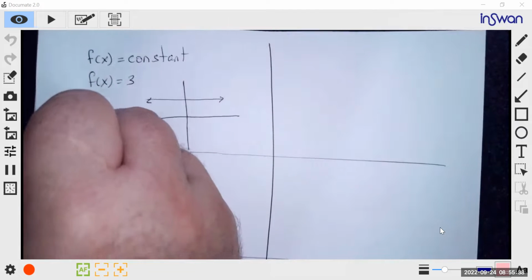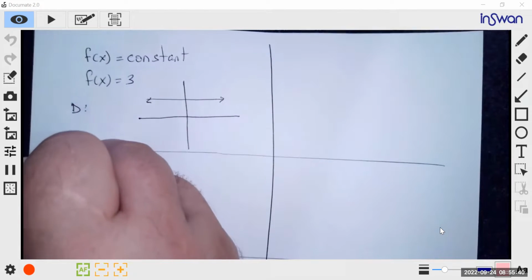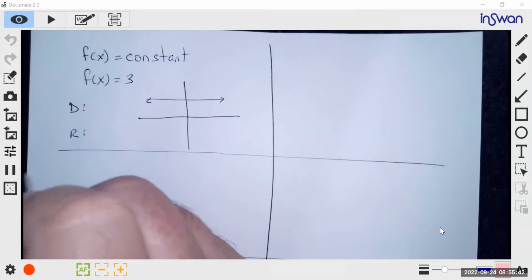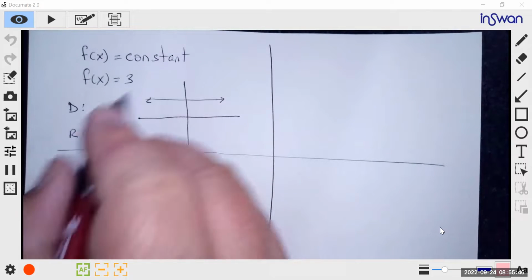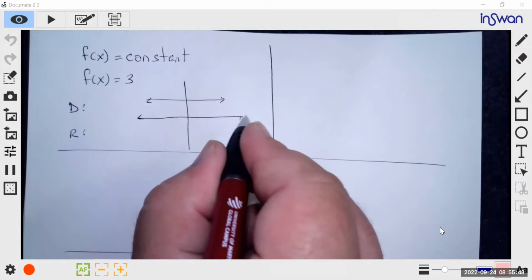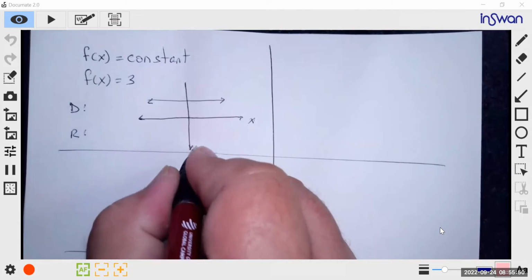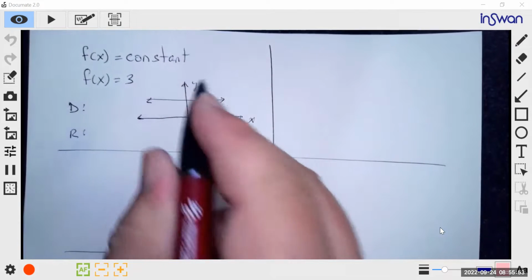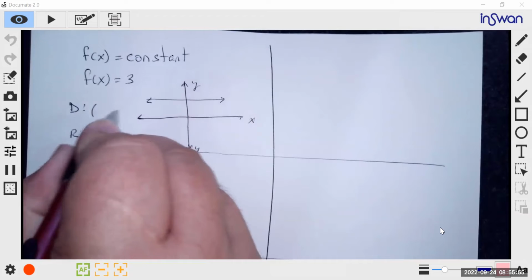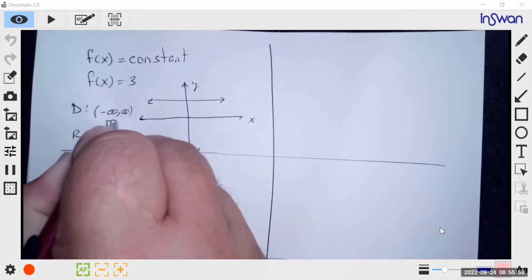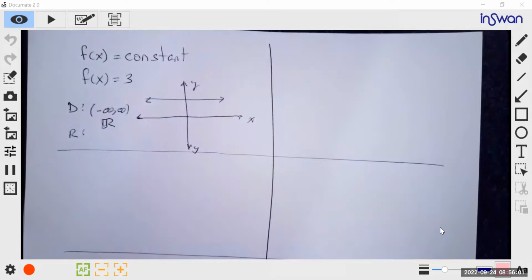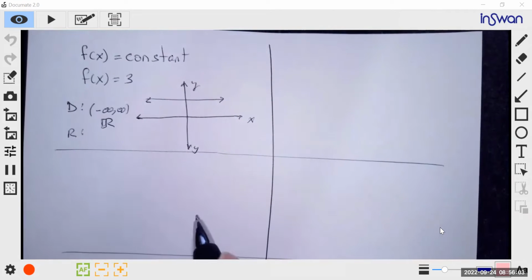The domain has to do with the x-axis and the range with the y-axis. What's my domain here? All real numbers, yeah. Negative infinity, positive, very good. Or you could just put the all real numbers symbol. Either or.